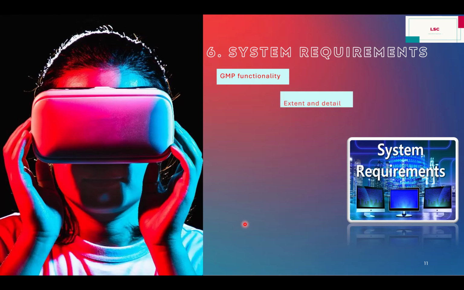Second part is extent and level of detail. It means whatever application you want to involve, it will first be analyzed in detail with regard to your risk, complexity, and novelty of the system, and describe sufficient support that mitigates your risk.